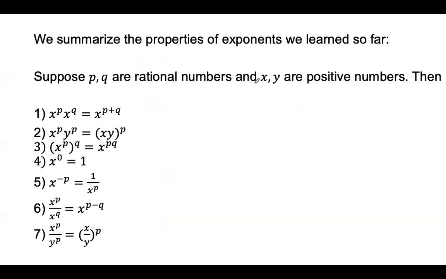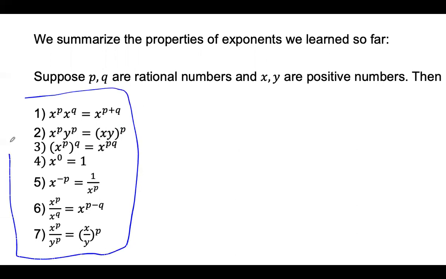So this is a summary of basically the properties of exponents we've learned so far. Suppose P and Q are rational numbers and X and Y are positive numbers. We have all of these properties, of course. I'll just put them in a box here. And this is the summary.